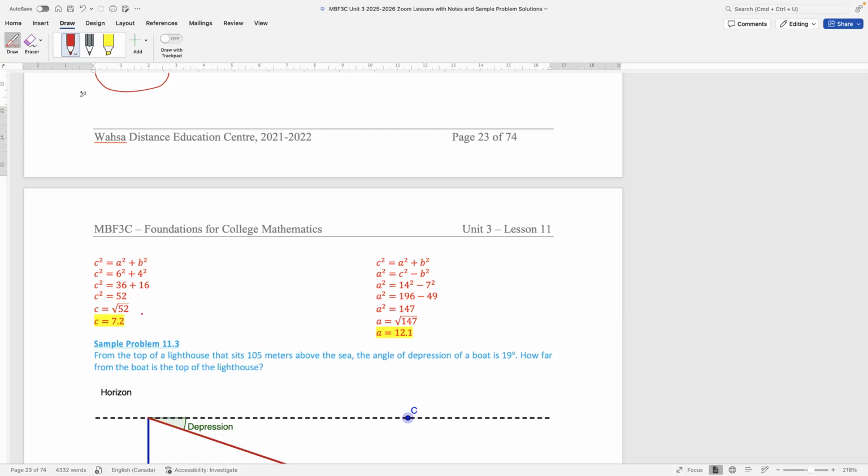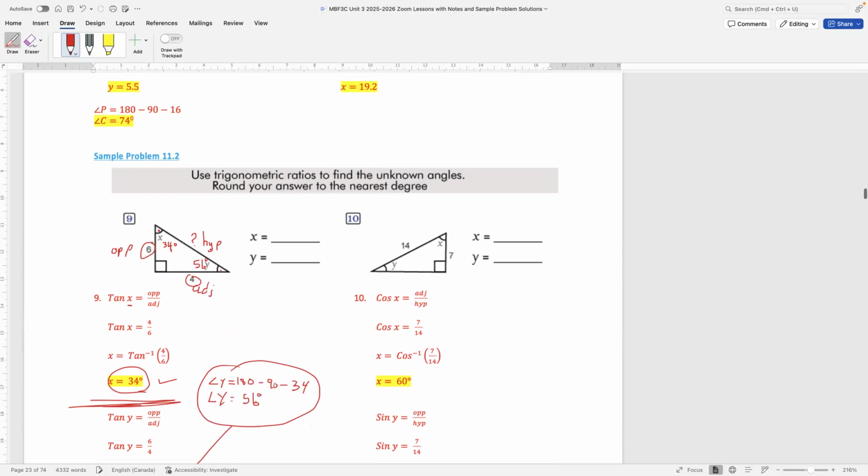Round that to the nearest tenth or one decimal place, you'll get 7.2. So the hypotenuse is 7.2. So x, we said, was 34 degrees. Y was 56 degrees. Okay.